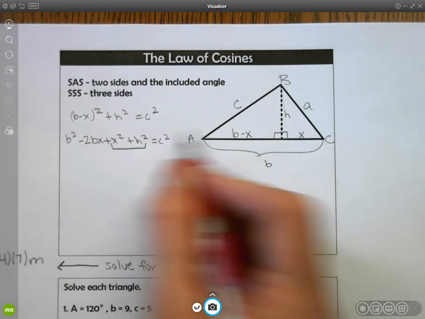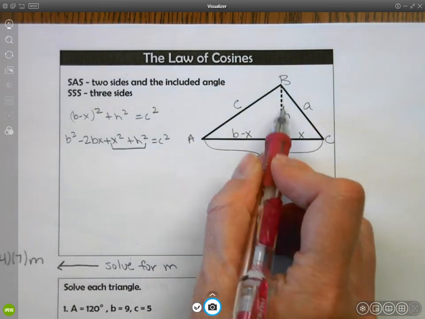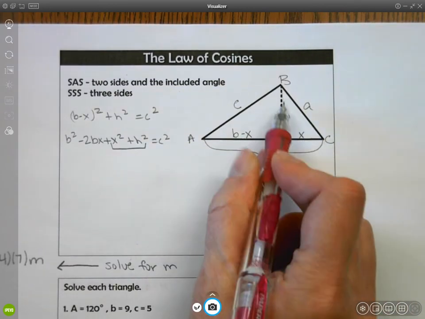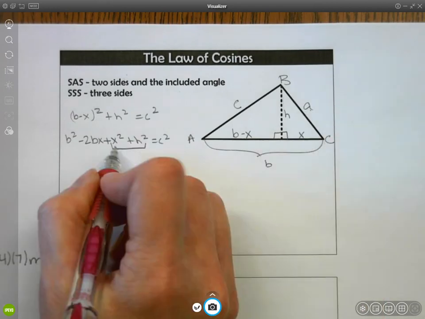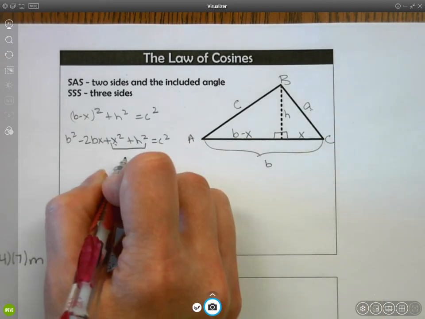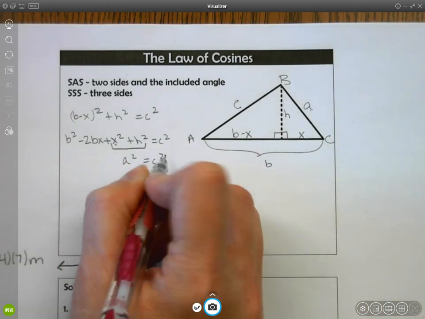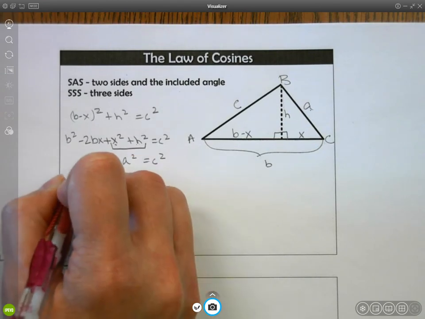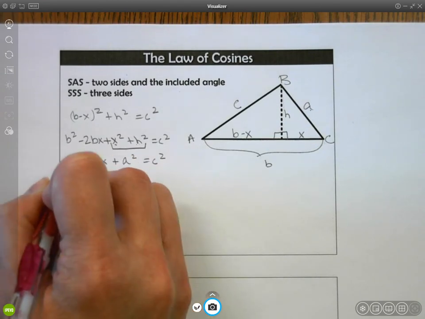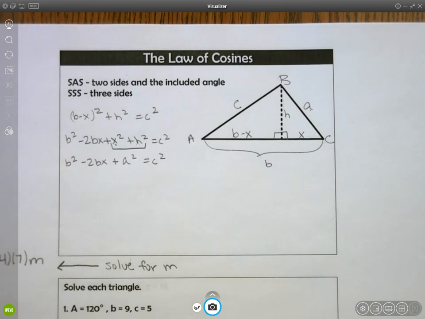If you look at the smaller triangle, you'll see Pythagorean theorem for that says that X squared plus H squared is A squared. So I can replace X squared plus H squared with A squared. So we look like that now.